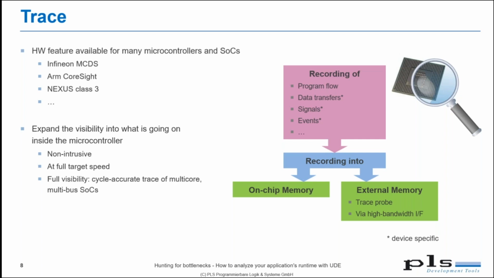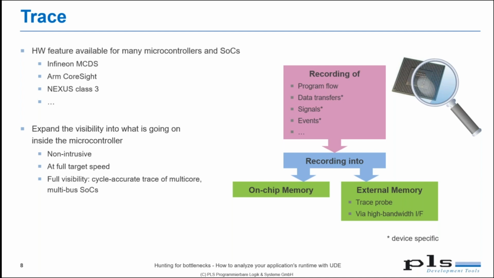Trace is a technology or a method, or basically also a hardware feature that has become more and more important in recent years for debugging and especially for analyzing the runtime behavior of an application. It is a hardware feature and can be found within many microcontrollers and systems on chip nowadays.